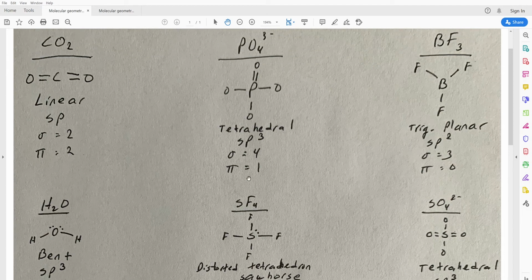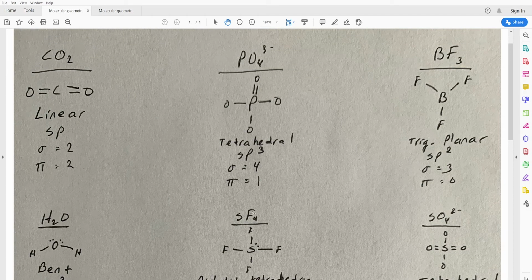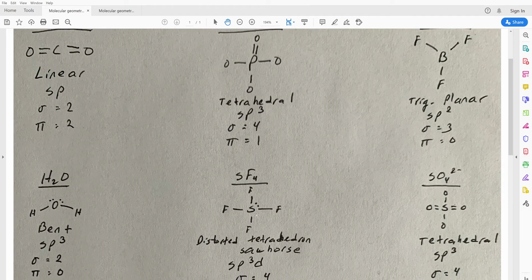sp3. Now if we look at the phosphate ion and the sulfur tetrafluoride, we see a similar situation. We have 4 bonded things attached, but this sulfur has that lone pair of electrons, so that's going to change the geometry as well as the hybridization. Here we have sp3 hybridized, 4 sigma, 1 pi.